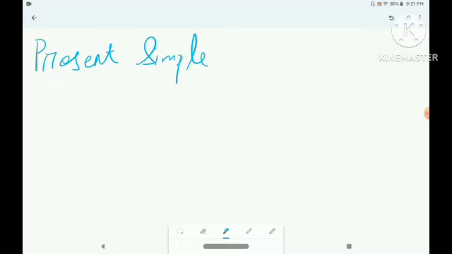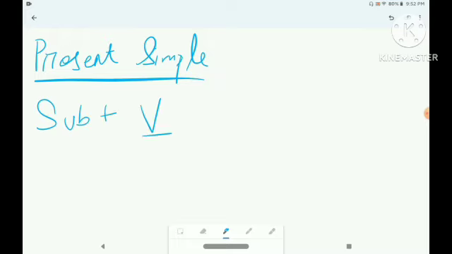So first we will read present simple sentences. Present simple sentences structure we have to know. So it is normal: subject plus verb, which will be in present form, plus object, right?